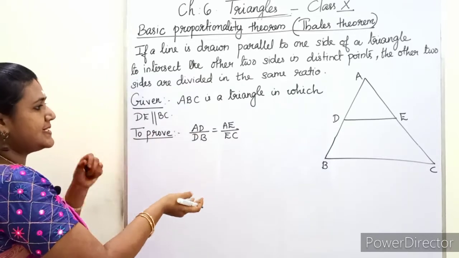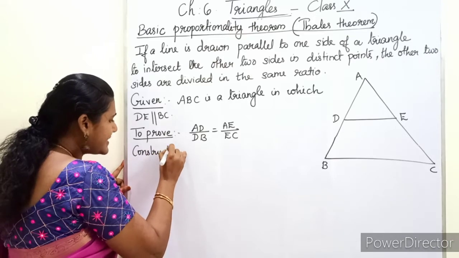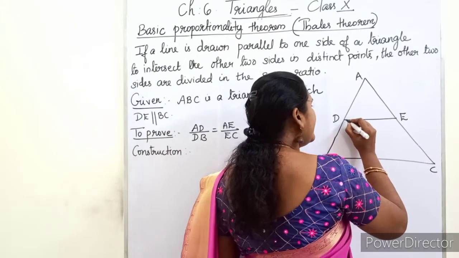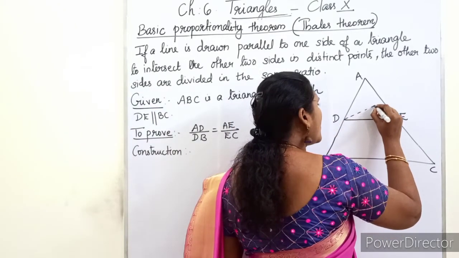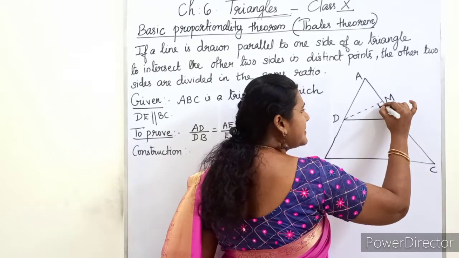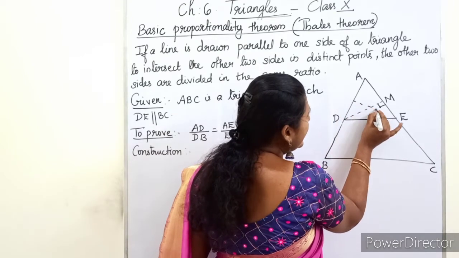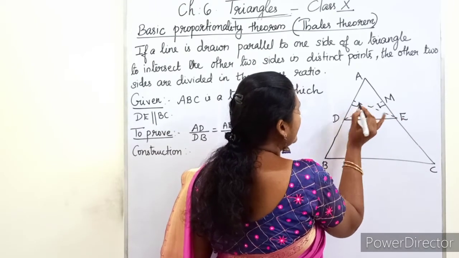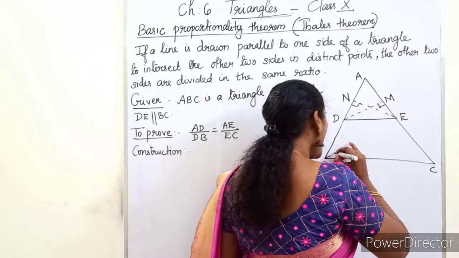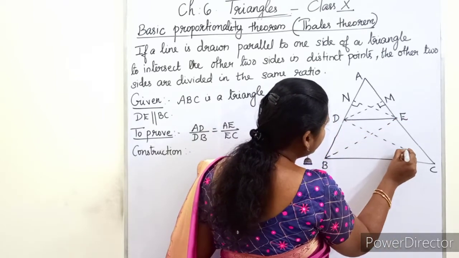For proving this, we need to do some construction. From D, we draw a perpendicular to AC, that is DM. Another construction: from E, we draw a perpendicular EN to AB, and we join BE and CD.